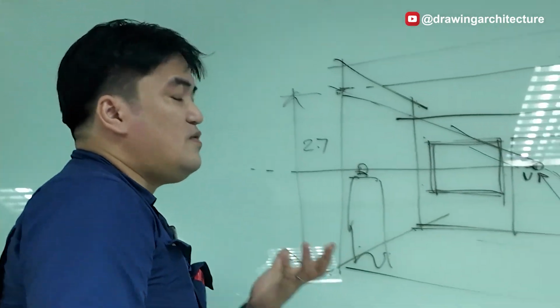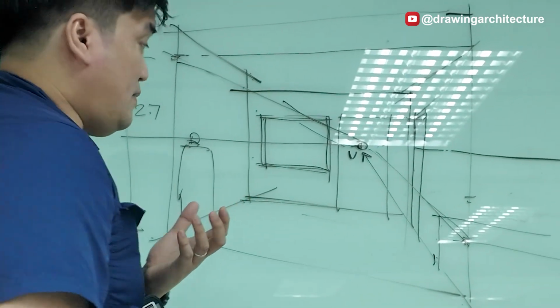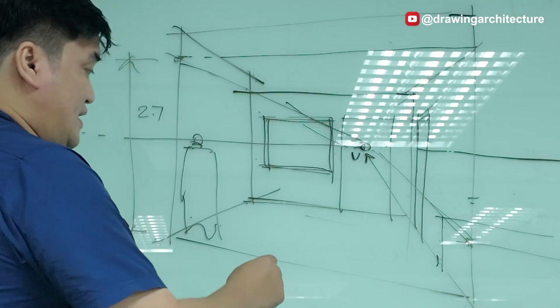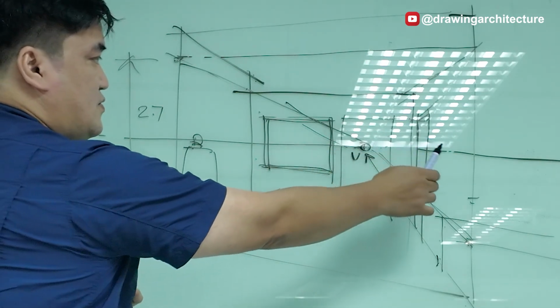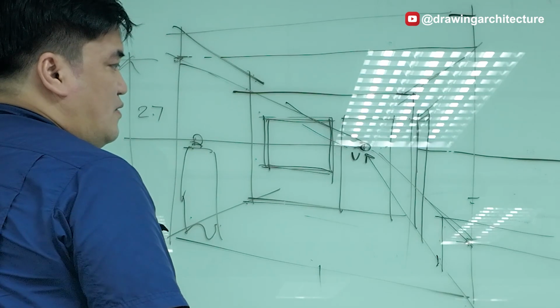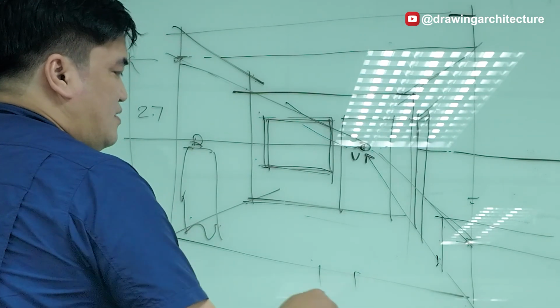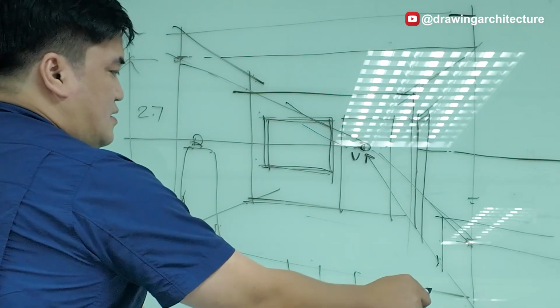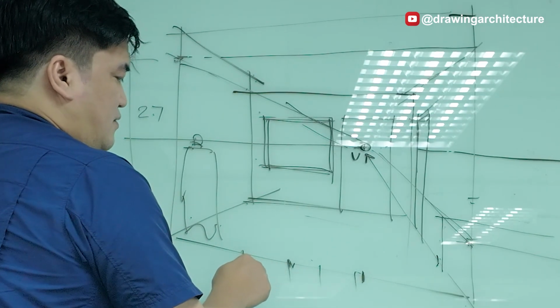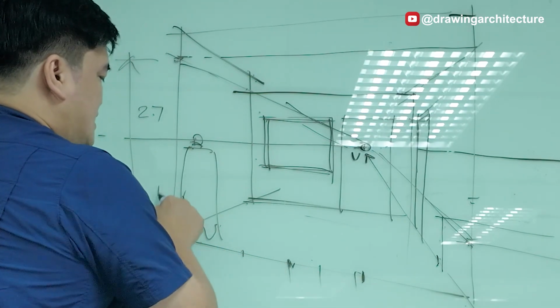Then we subdivide this into 5 equal parts, like per meter, right? Our grid. So we have 3 meters roughly. No, 1.5 meters. So per meter is this. That's already 2 meters plus 3, 4, 5 supposedly somewhere here.